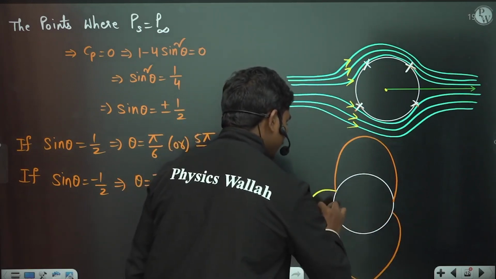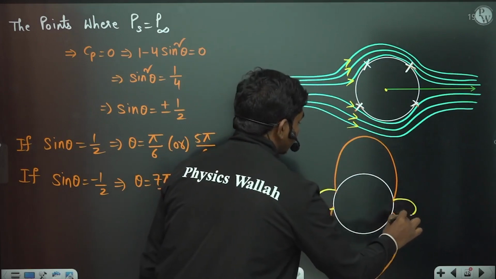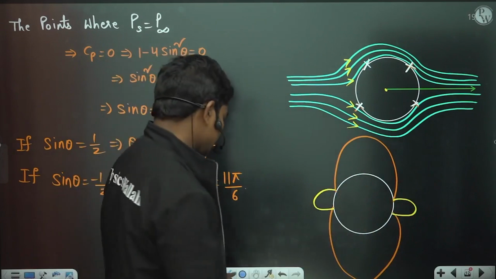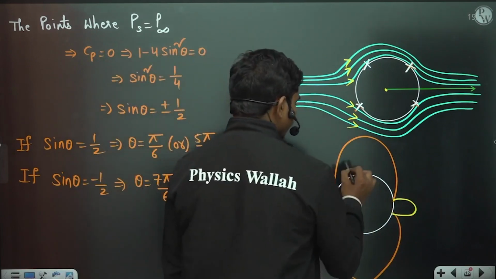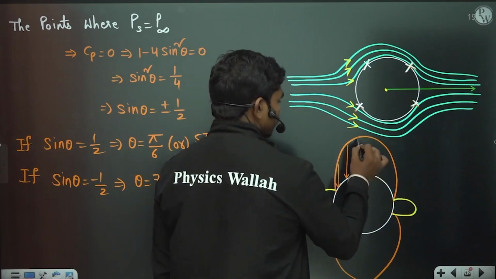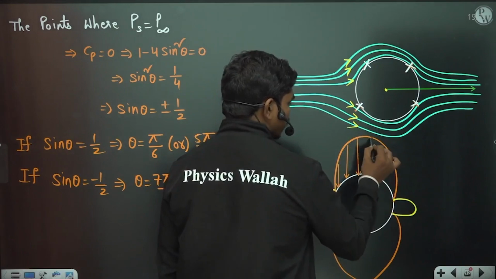Between these points, 5 pi by 6 and 7 pi by 6, if you plot, this is how you get the curve. So this is the pressure variation on the top of the cylinder. If you plot that, you will get this particular curve.